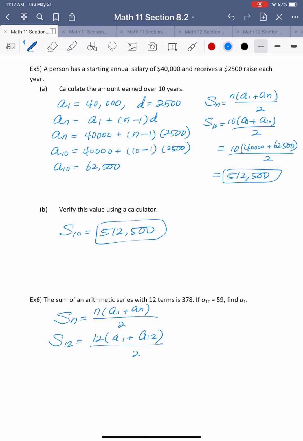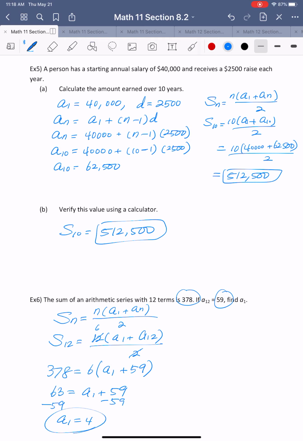And 2 goes into 12 six times, so 6 times a1 plus a sub 12, where a1 we don't know, but a sub 12 is 59. Then we solve for a sub 1. Divide by 6 on both sides, I got 63 equals a1 plus 59, subtract 59 on both sides, a1 equals 4, okay? So you can use the sum formula of arithmetic series to find any missing value, okay?